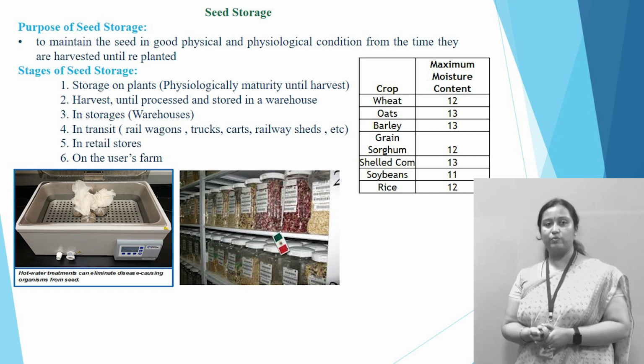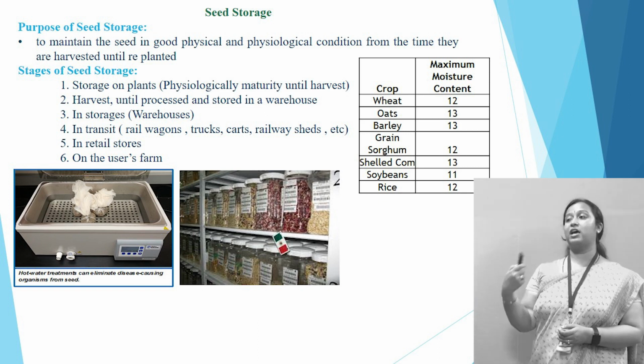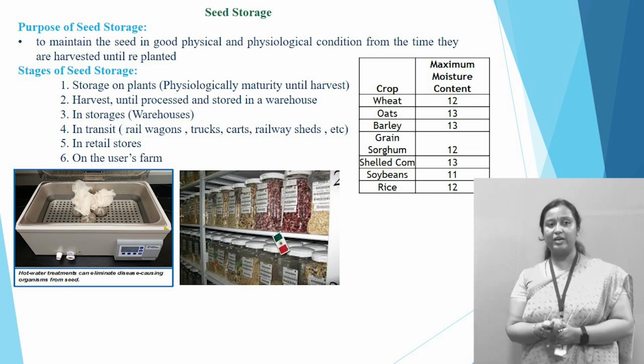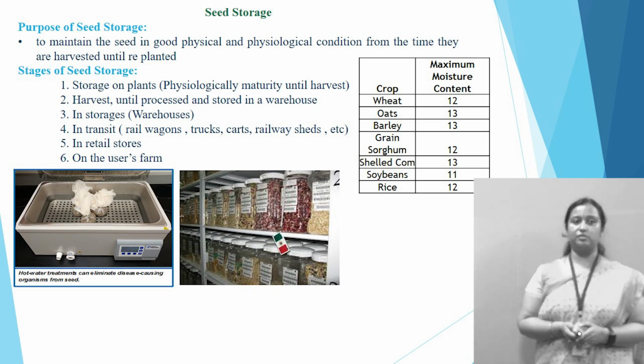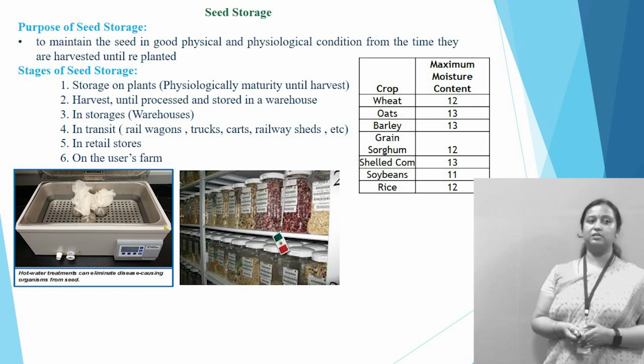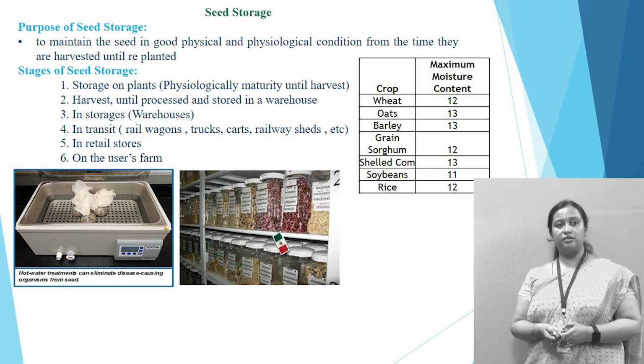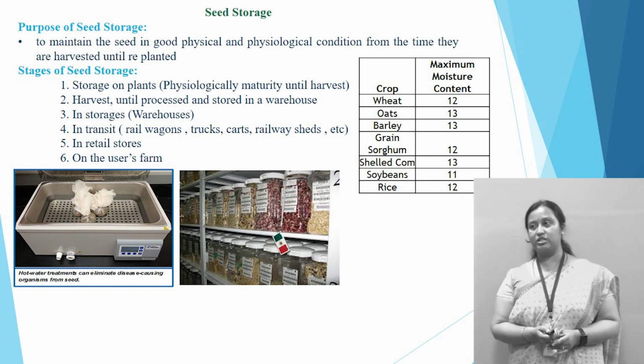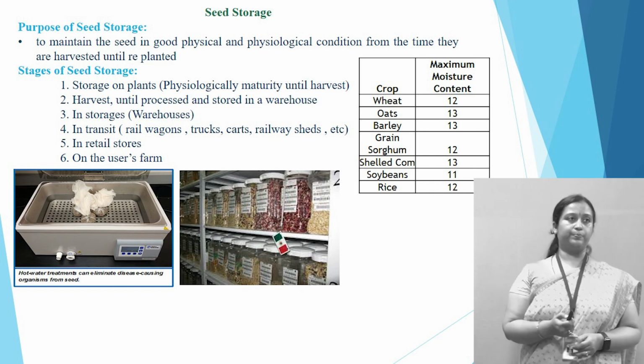It may lose its viability and germination. If it is above 12, then it may become vulnerable to infection by pests and pathogens. Similarly, oats have 13%, barley 13%, and for sorghum and other seeds, the percentage of moisture content is mentioned in the picture.